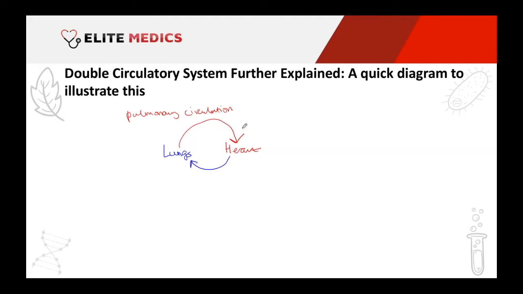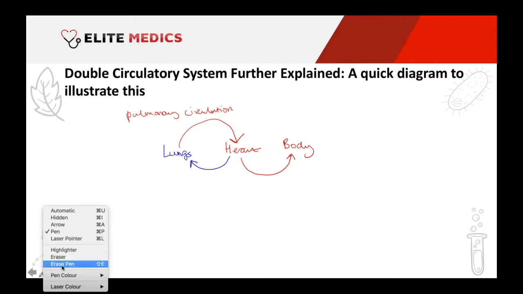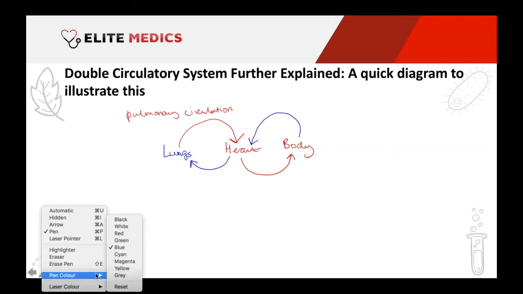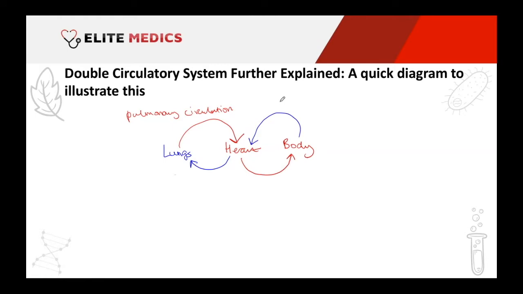Once that blood has been oxygenated, it can then be pumped to the rest of the body. So that is pumped through the left side of the heart to the body. Then the blood can return back to the heart, and this is deoxygenated. This side of the circulation is called the systemic circulation.